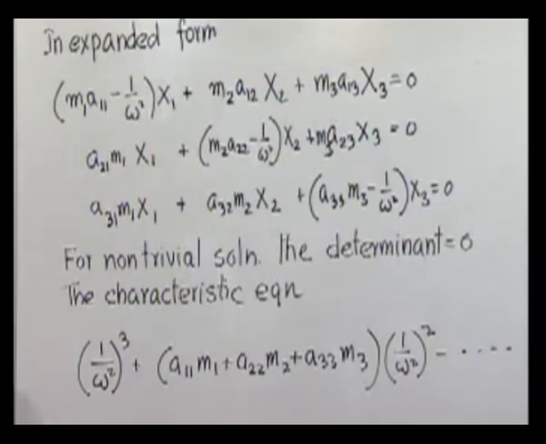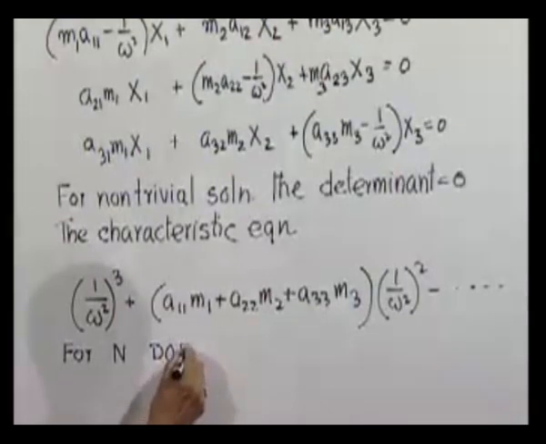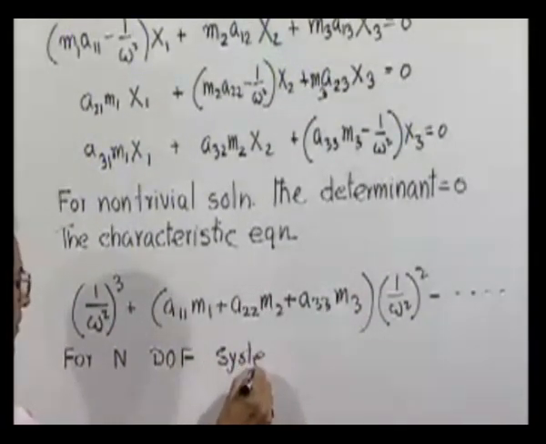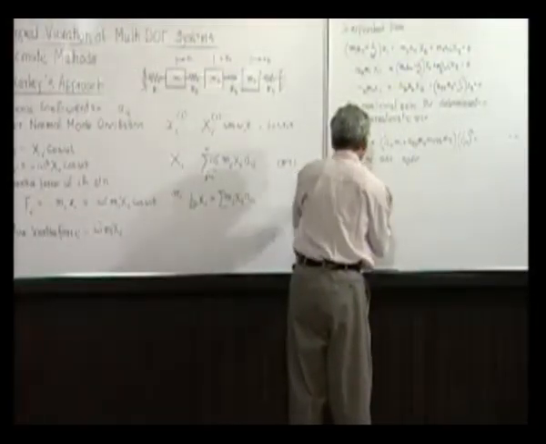So, for the general case, an n degree of freedom system, this will become 1 by omega square to the power n, and so on.